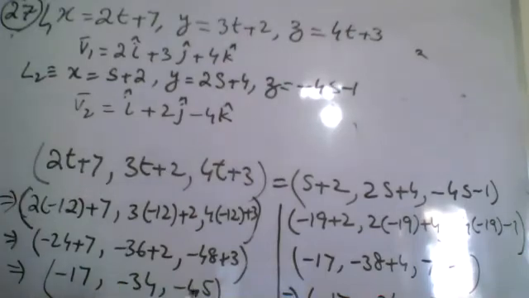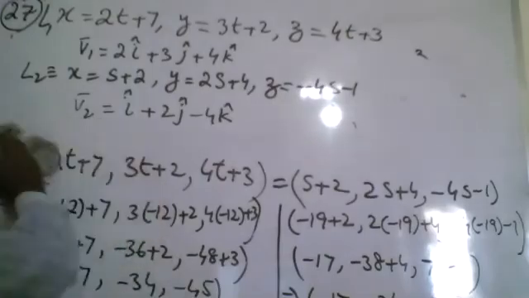We will find the normal vector by taking the cross product of these two vectors, because the cross product of two vectors is always normal to both the vectors.